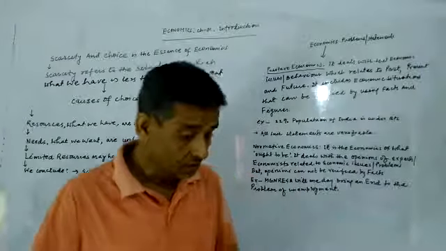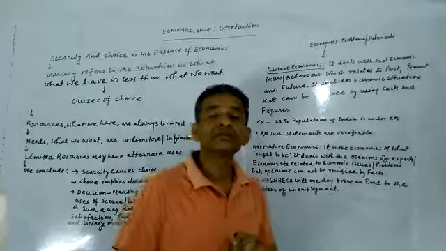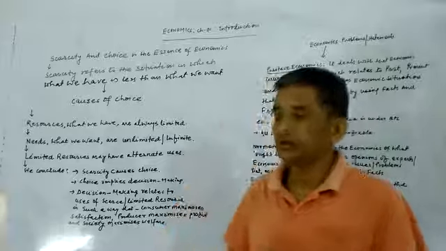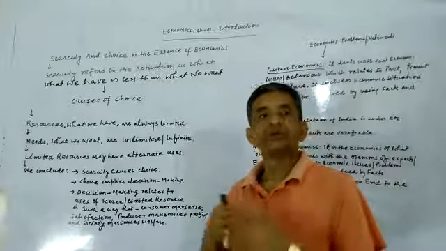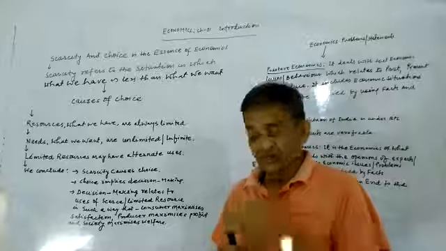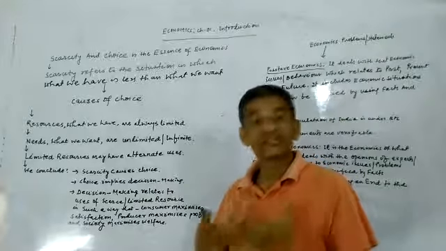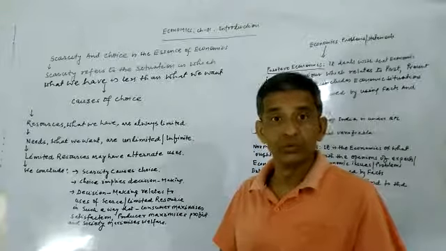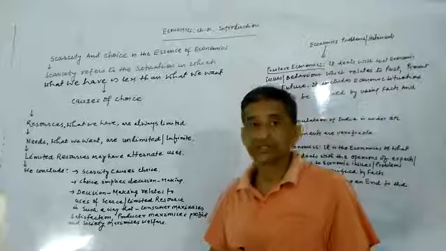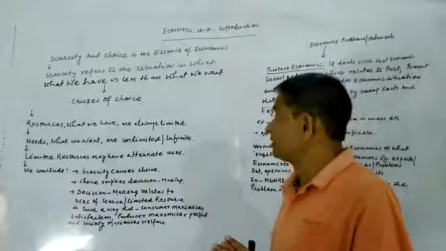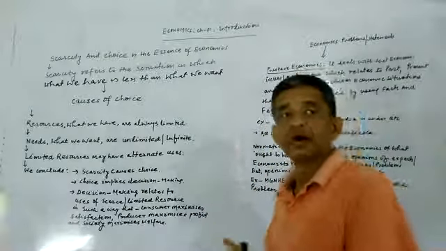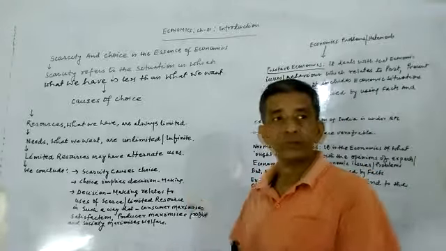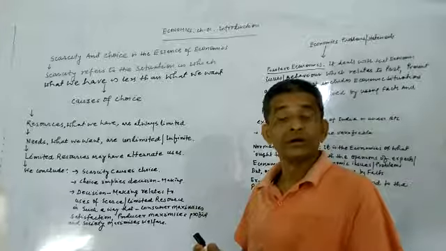At that time I told you that it is the science that tells us to deal with our day-to-day activities, that takes us to decide related to what, how, and for whom. Today we are going to discuss why we need to face these problems, like the problem of what, how, and for whom in our daily life.